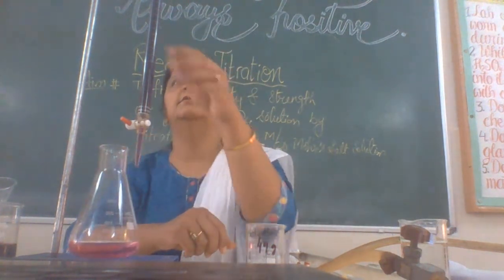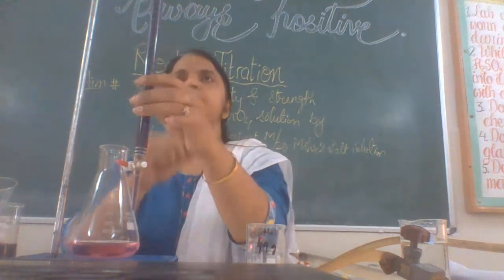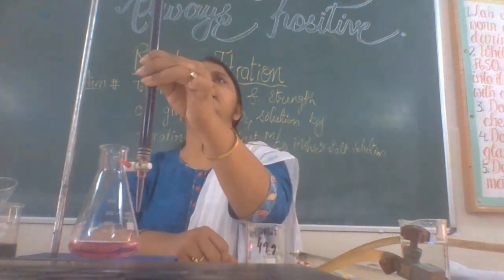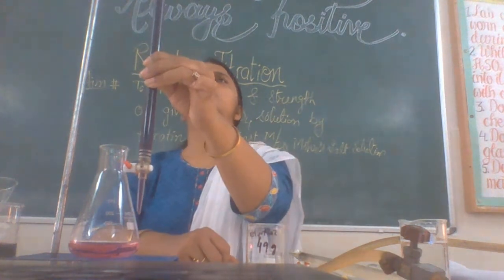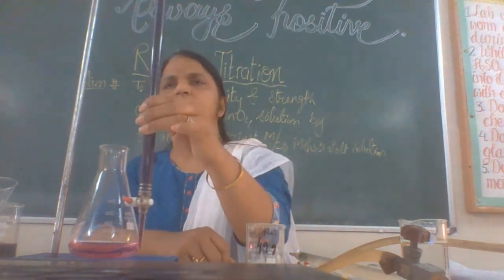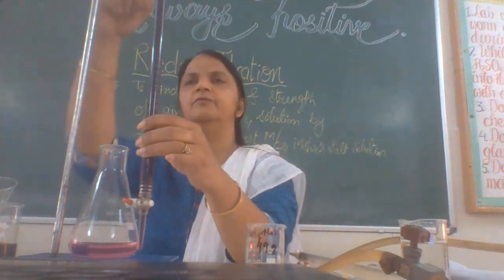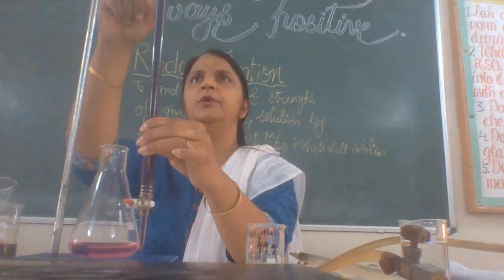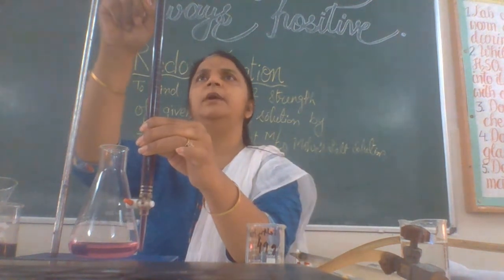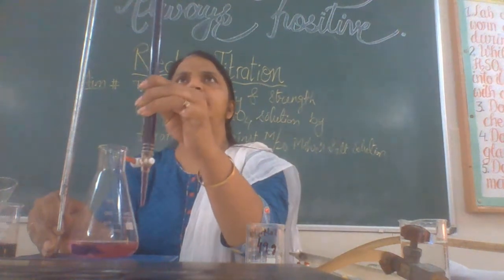And the next thing, you need to take the final reading. Whenever you are reading the level of solution in the burette, always keep your eyes at the level of the burette. So it is 22.5 now, and we started with 0.5.